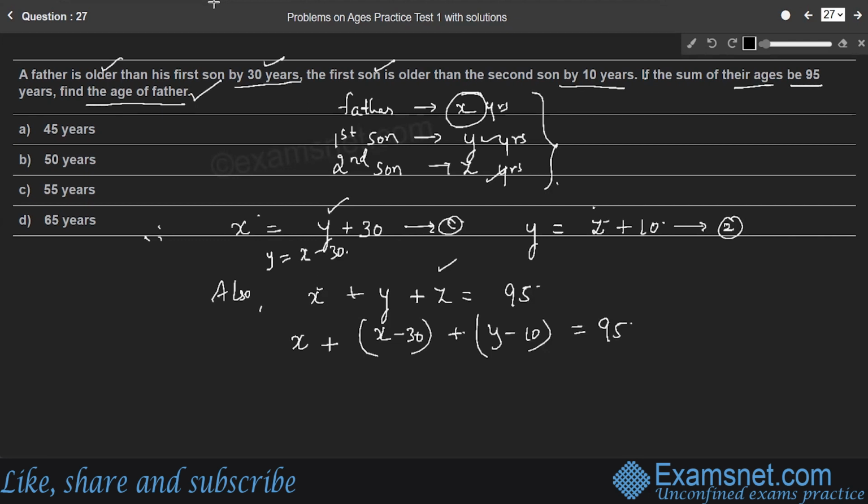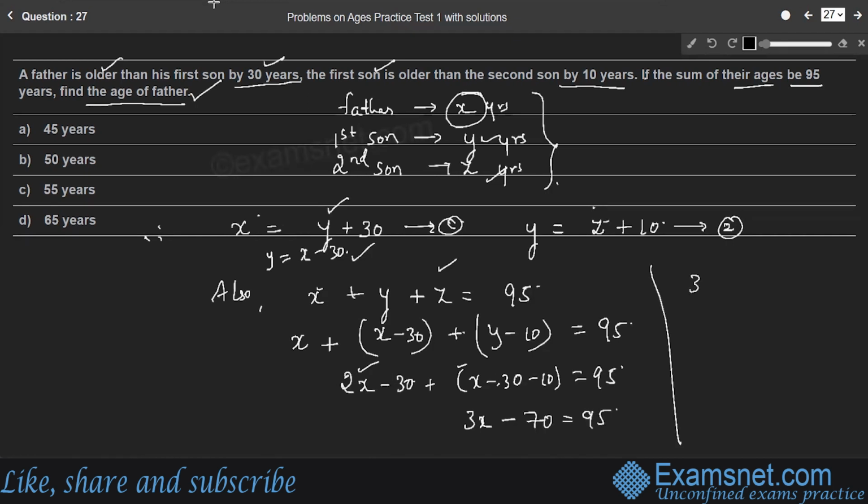So we'll simplify it. So it becomes 2x minus 30. In place of Y, again we are writing X minus 30. X minus 30 minus 10 is equal to 95. 2x plus x is 3x, minus 30 becomes minus 60, minus 10 is minus 70, equal to 95.